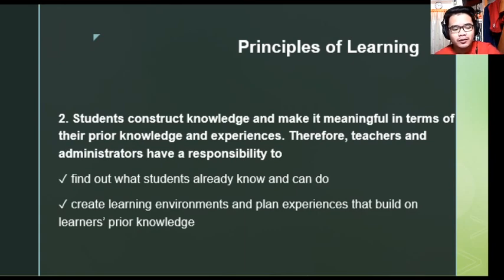So, we have some sort of instincts and innate abilities that did not require learning or acquiring it from external environments. So our learners have prior knowledge, and they can construct knowledge. In other words, these two mirror schools of thought, yung tinatawag nating connectivism and constructivism.